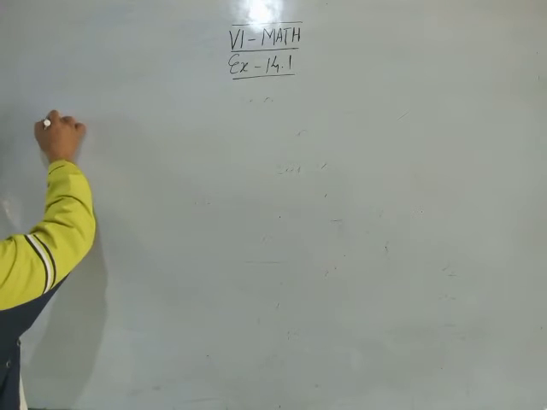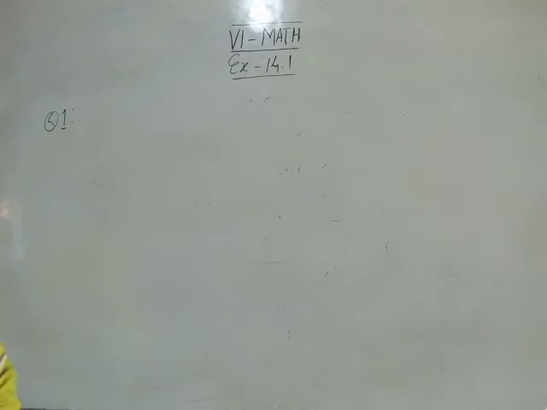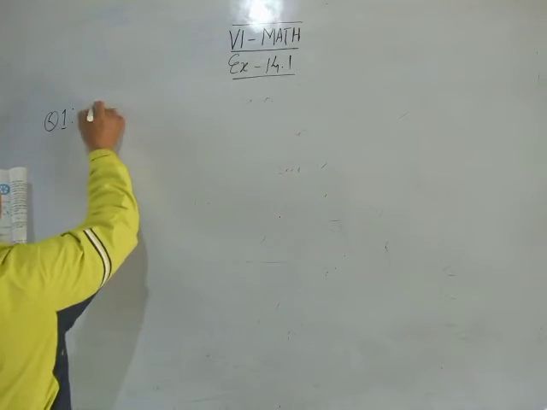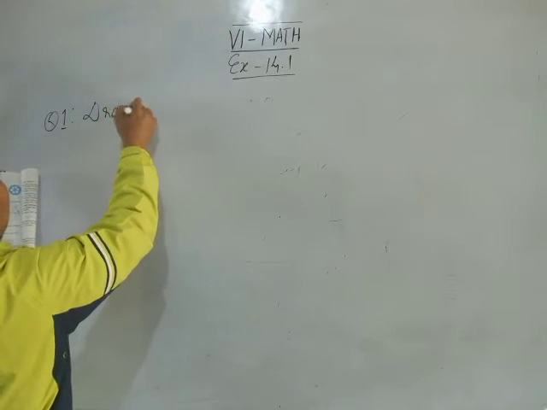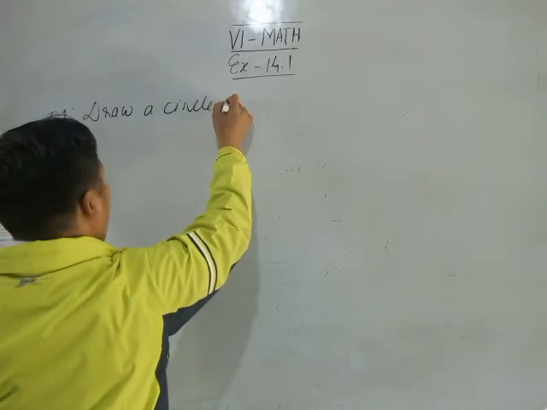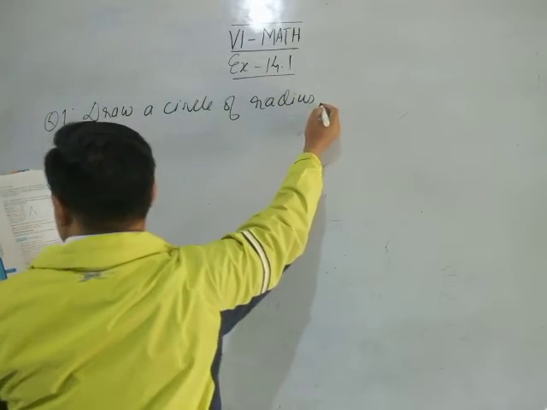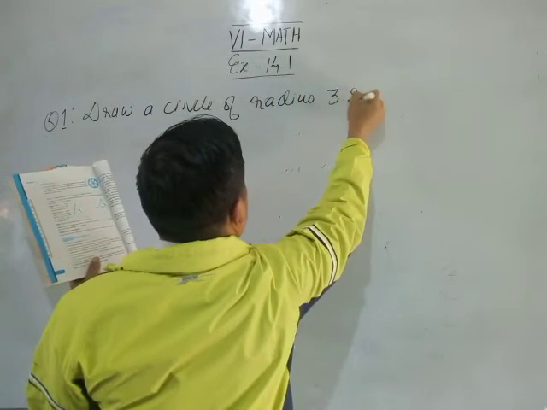Question number 1. It says draw a circle of radius 3.2 centimeter.